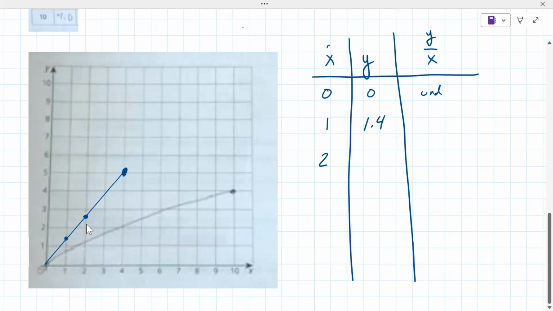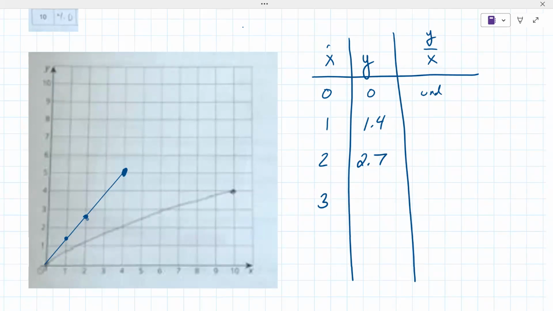So 2.2 to me would be closer to this line down here. To me, the point is closer to the 3 line. Like it's not quite in the middle, it's slightly above the middle, kind of where I'm looking at it. 2.7. Okay, 2.7.